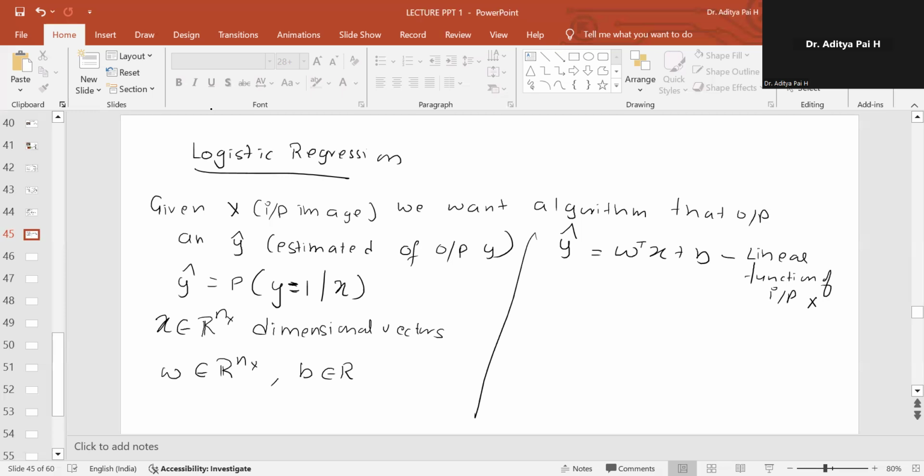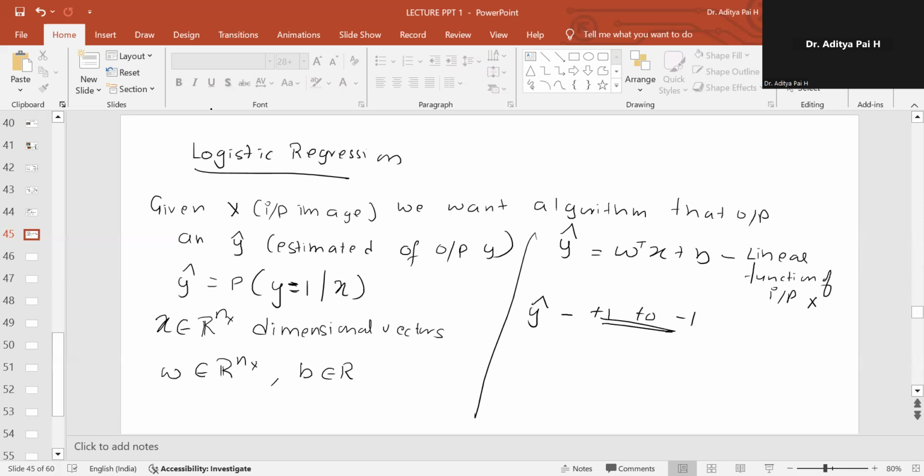Hence this technique is normally not good for prediction, because the y hat value will normally be ranging around +1 to -1.